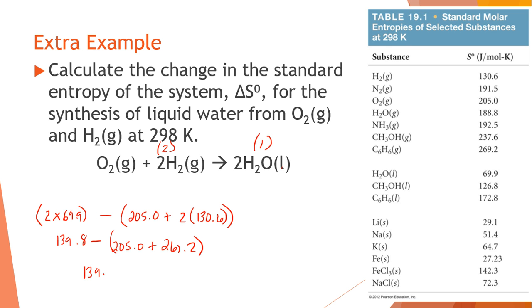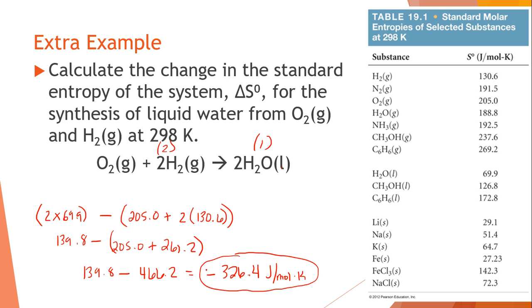So we get 139.8, and when we add those two values and subtract, 466.2. And this gets us negative 326.4. Again, we're going to have a unit, so if we look up here, it's joules per mole Kelvin. Once again, we have a negative value. This means we're going to be more orderly, or in other words, less random.